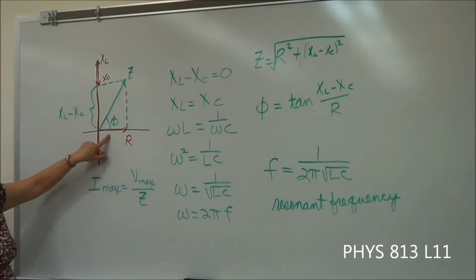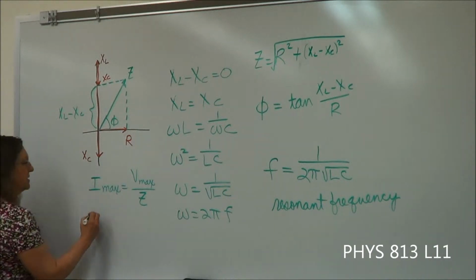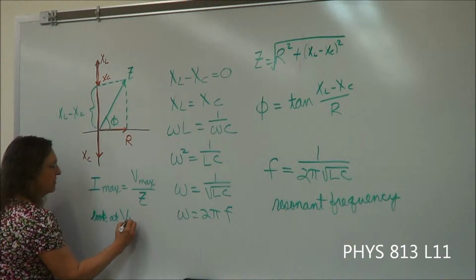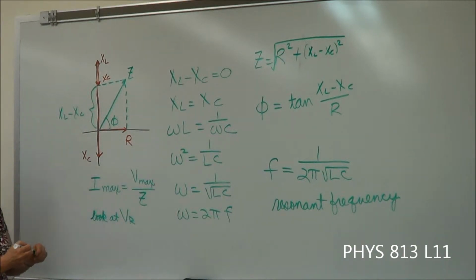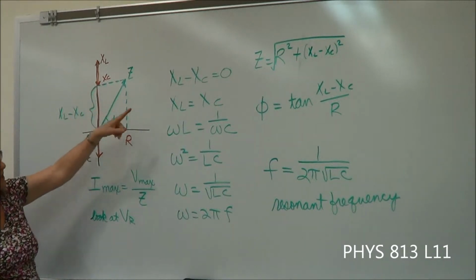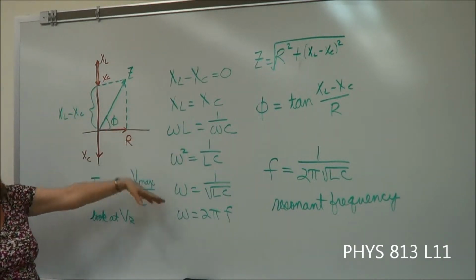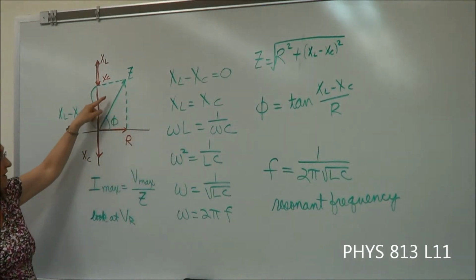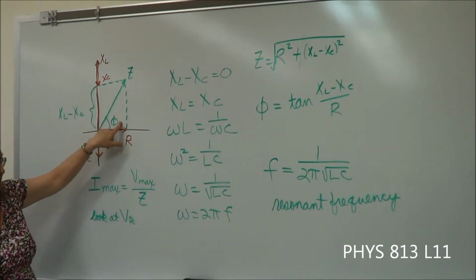But if we're looking at, let's say here, the voltage across the resistor. As you vary XL or vary the frequency, XL and XC vary, and Z varies, and phi varies.